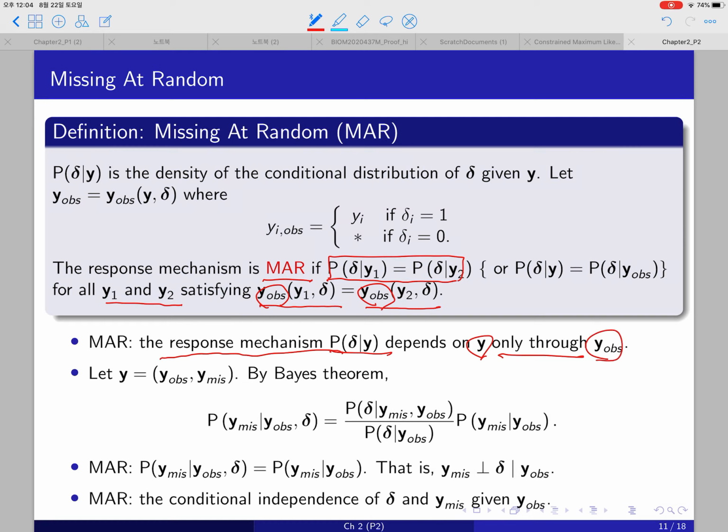Another way of writing it is that if you use Bayes' theorem, you have this expression. But because it depends only on y observed, it doesn't depend on the missing data, y miss, so these terms cancel each other. That means missing at random is equivalent to obtaining this one.